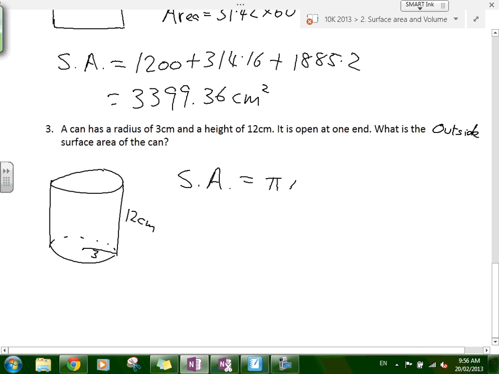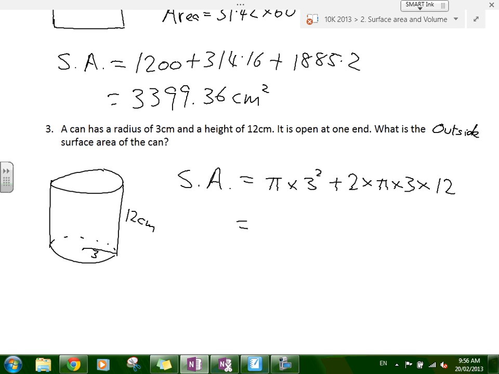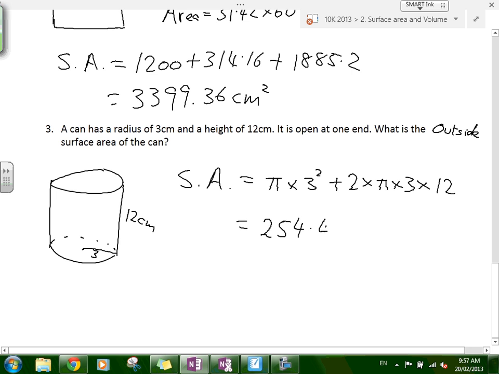So it's pi times 3 squared, plus the curved surface, which is 2 pi r, 2 times pi times 3, times the height, which is 12. And so that is equal to 254.47.